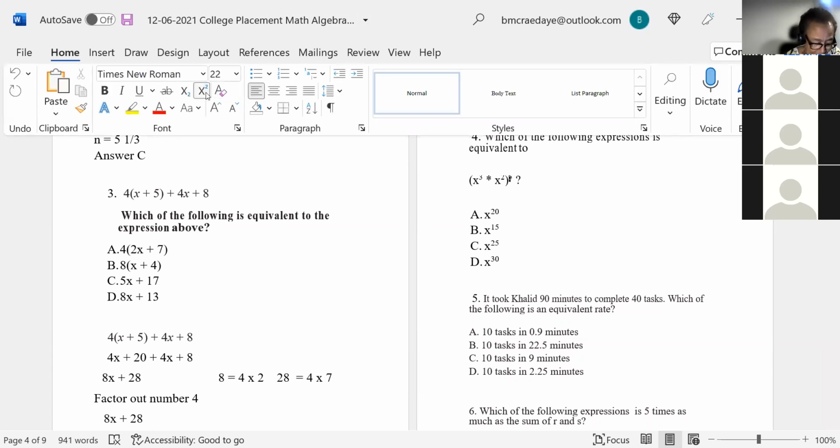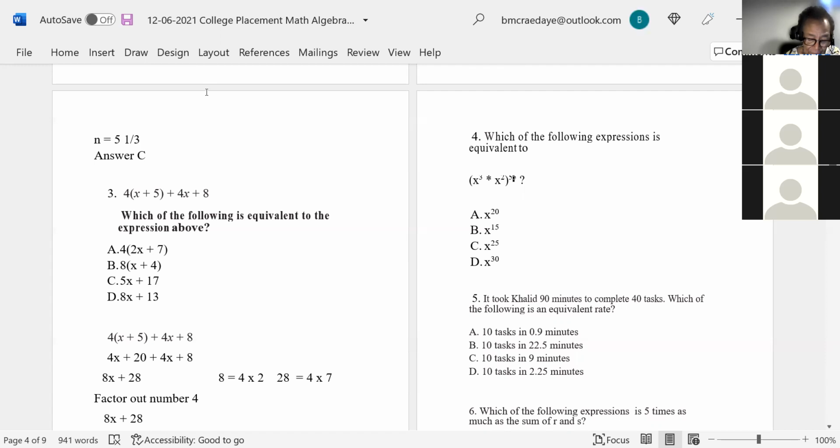So what did you do? I think you add the powers of the exponents. That's what you do when you multiply. x to the 3rd times x to the 2nd gives x to the 5th.